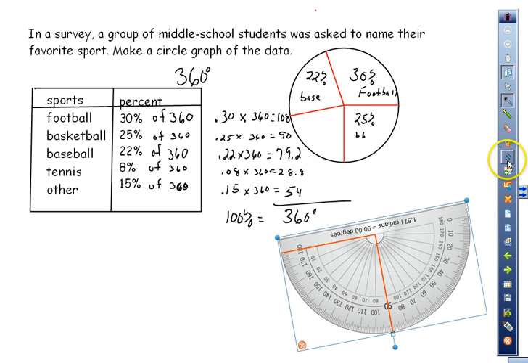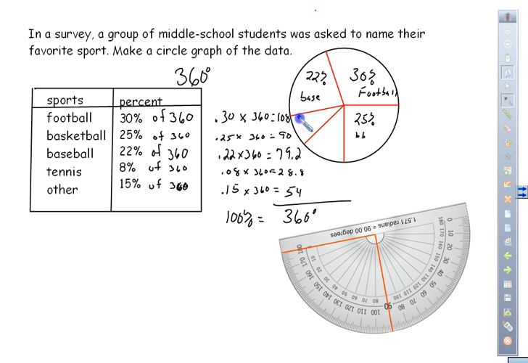Move that out of the way, and straight edge to my 29 is going to put me right there. And again, you can write in here 8%, and that was tennis. And this one is going to be 15% other. Okay, that is how you're going to draw that.